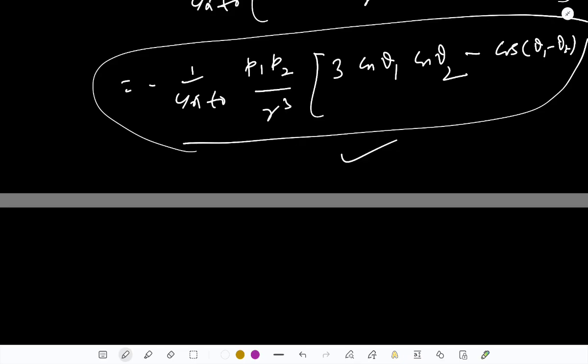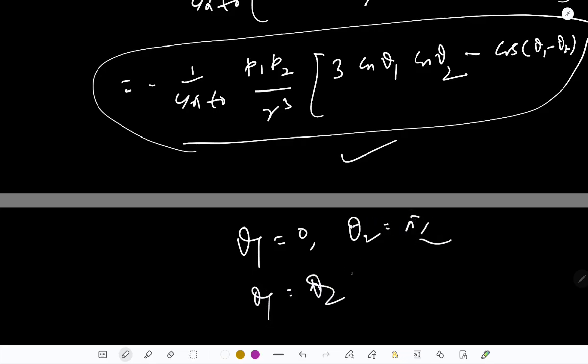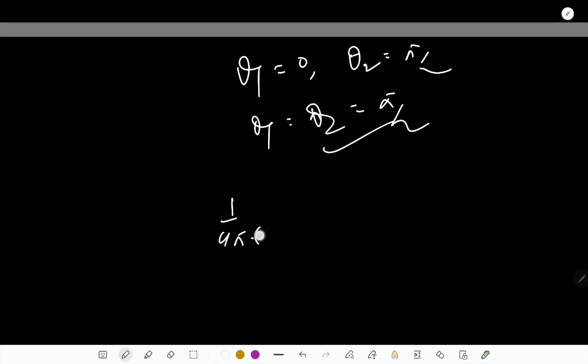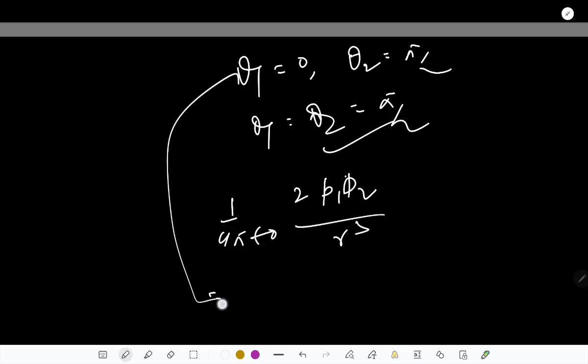In this case I'm guessing that the interaction energy will be minimum in case of theta 1 equals 0 and theta 2 equals pi by 2, and when theta 1 equals theta 2 equals pi by 2, the interaction energy is going to be maximum, because in this case the potential energy is 1 by 4 pi epsilon naught P1 P2 by R cube, and this comes with a minus sign or something like that.